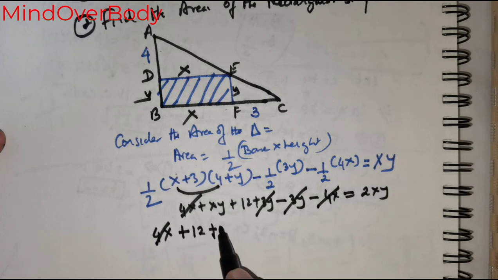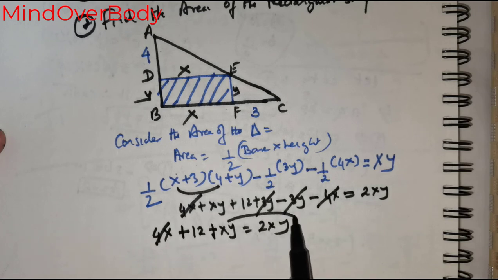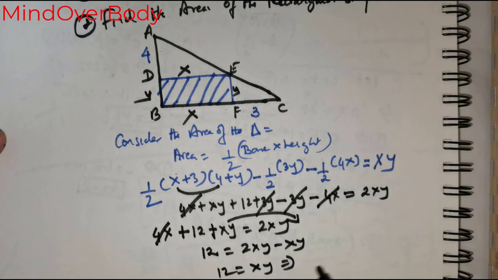And then I got a plus xy is equal to 2 times xy. So I wish to move this xy to the other side. So I get 12 is equal to 2 times xy minus xy. So that would mean xy is equal to 12.